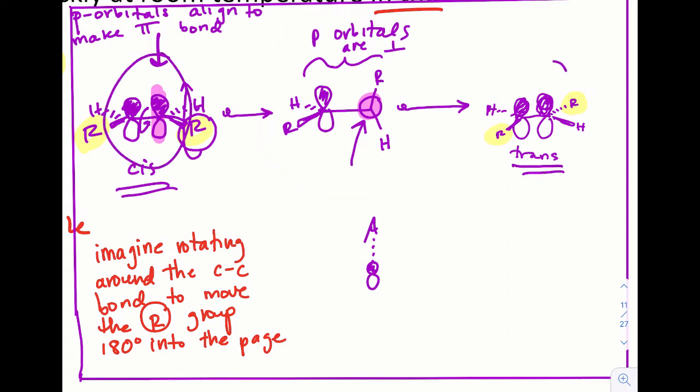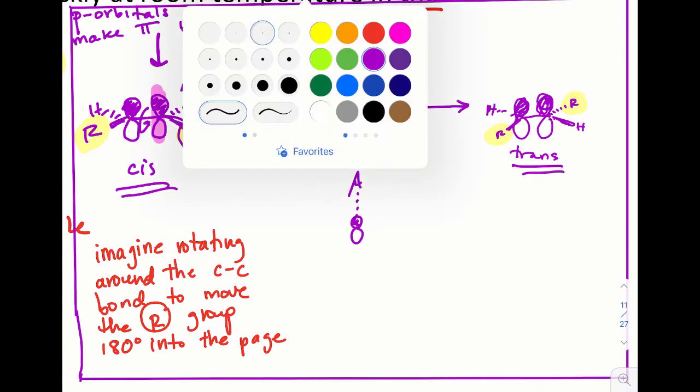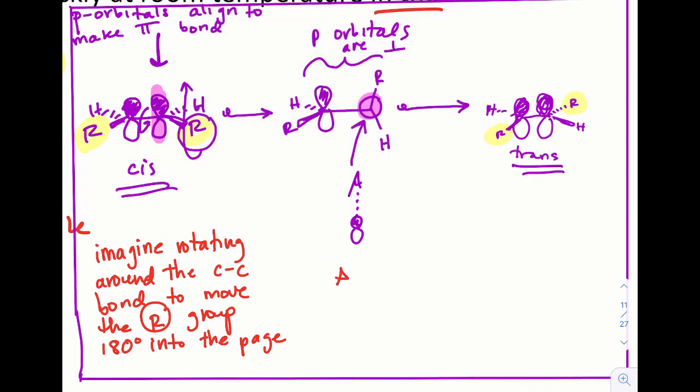They must be aligned to make a bond. If we rotate this R group to get it over here, make the trans conformation, it requires this intermediate conformation where the p orbitals are perpendicular, not aligned, thus the bond is broken. And that requires energy, right? That energy is not available at room temperature.